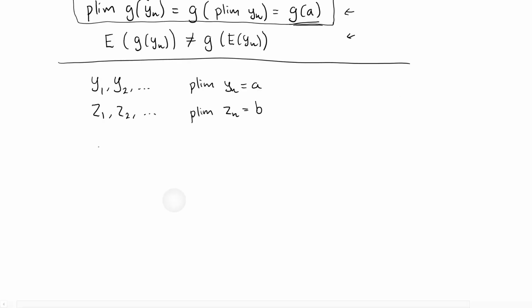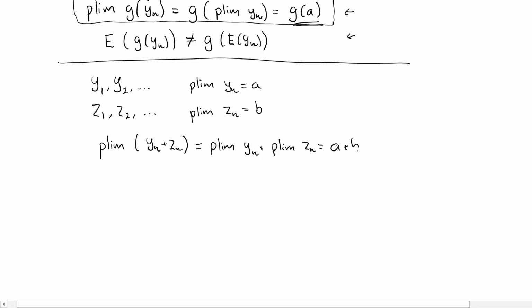If I have two sequences like this, a common question is, what's the plim of the sum of these two sequences? yn plus zn will be a new sequence. And the result is that this plim is equal to the probability limit of yn plus the probability limit of zn. So it's a plus b.